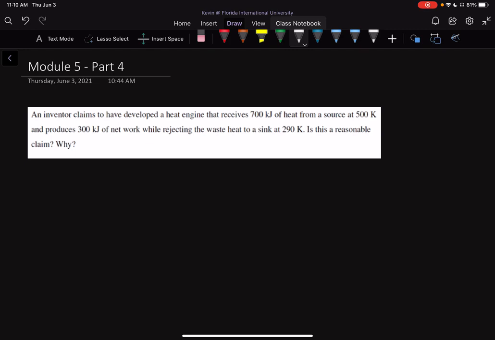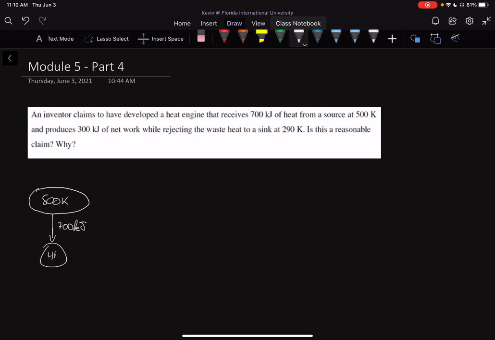Why? Okay, so the first thing I like to do in these cases is to draw the heat engine diagram and put all the information on it. So let me draw this heat engine diagram on the left here. We have a TH that's at 500 Kelvin, and we're told that the QH coming in is 700 kilojoules.